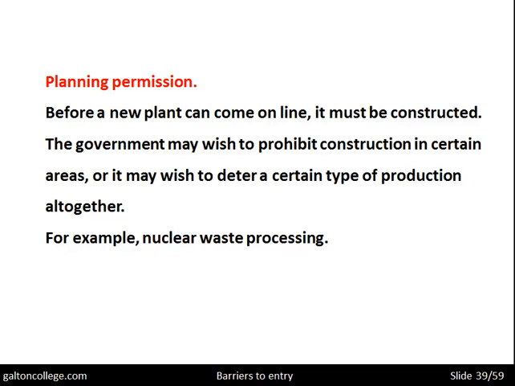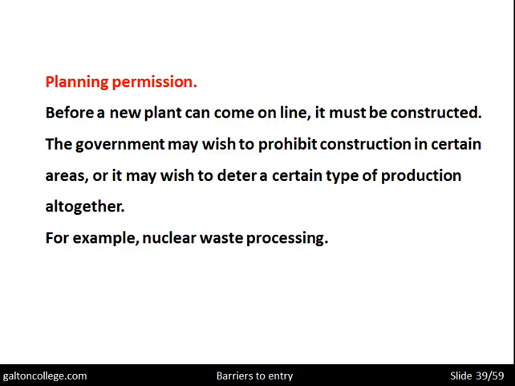The government may stop them from working in certain areas, or may control how those companies operate. So there is very tight planning permission on the production of some items. We don't have to consider the extremes of nuclear waste processing. It could be a company that's making drop forgings, which is a very noisy thing to have to make. These are metal forgings which have to be hammered out.